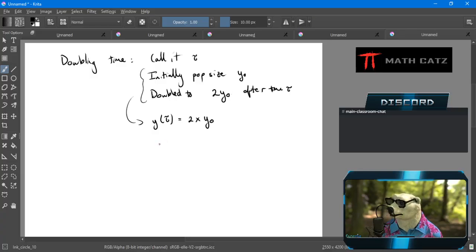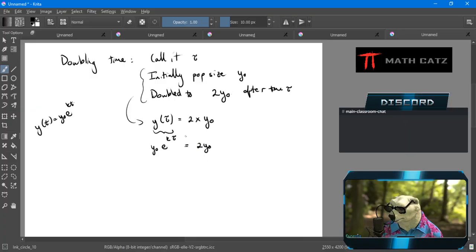So I can then simplify the left-hand side because I know the function. The function is my exponential growth function, y0 e to the kt. So now for this specific time value that I'll just call tau, something else to remind myself it's a specific time value, I have y0 e to the k times tau equal to 2 times y0.